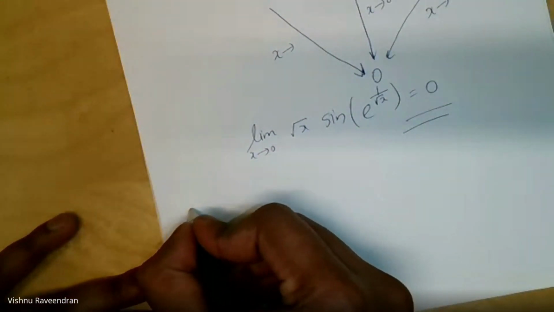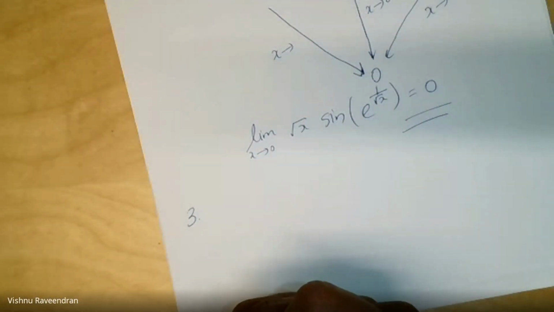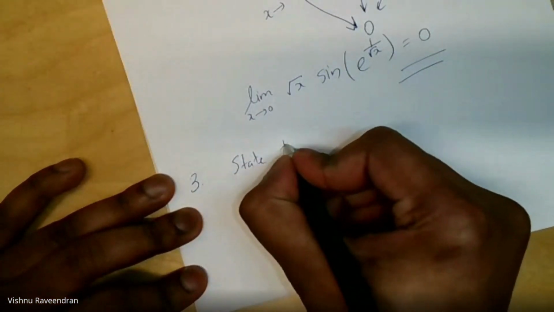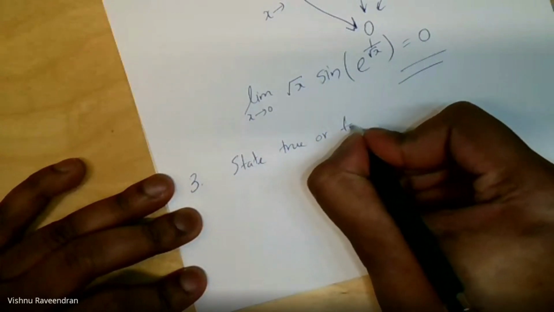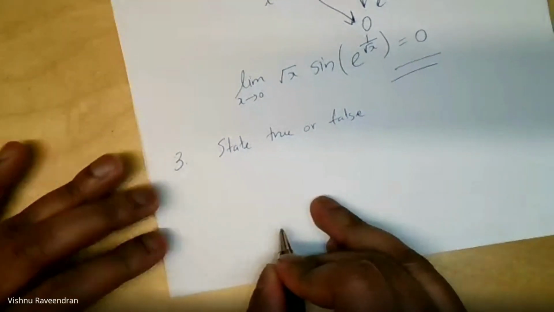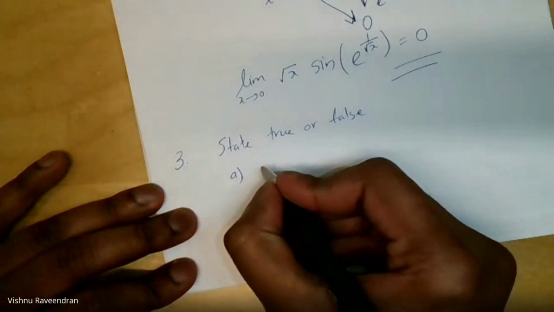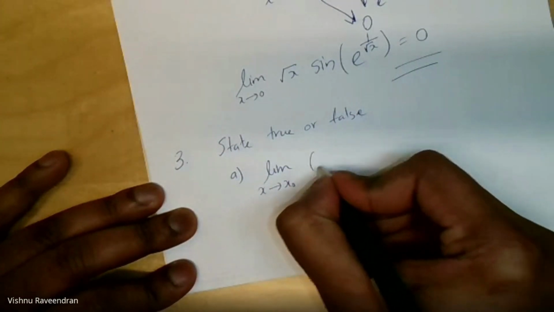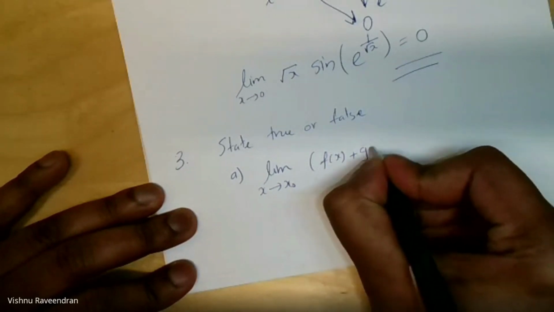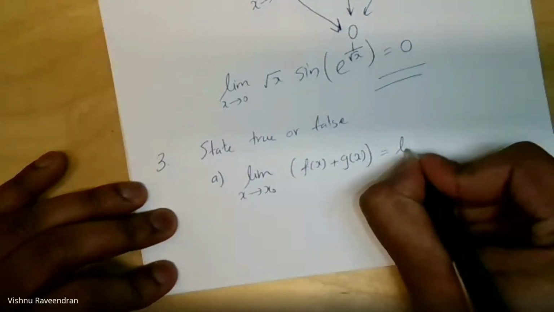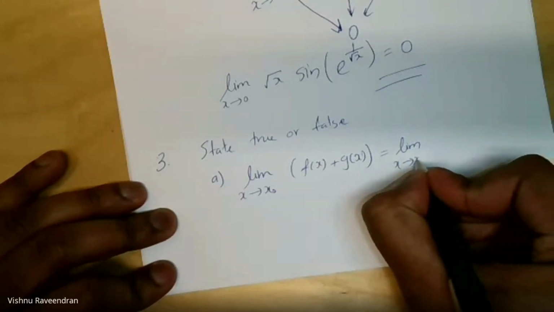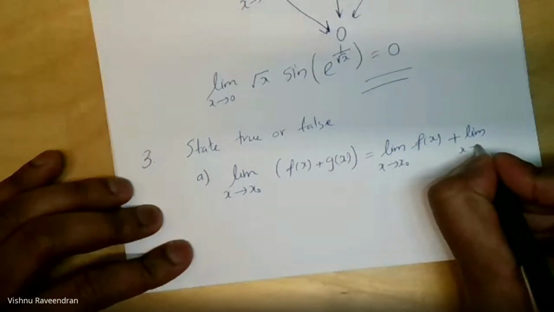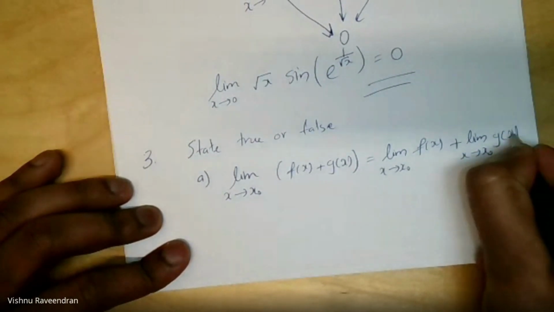Okay, then we can move to the third problem, which is just to state true or false. The first one is that limit x going to x naught of f of x plus g of x equals limit x going to x naught of f of x plus limit x going to x naught of g of x.